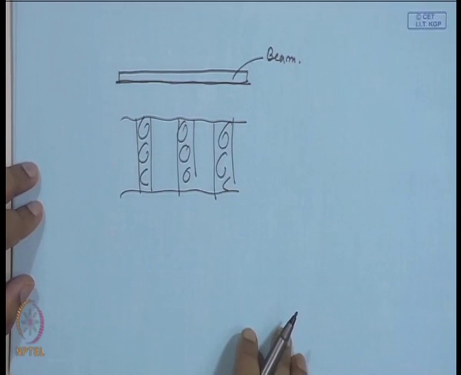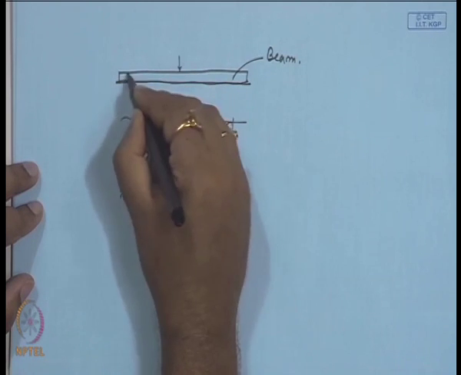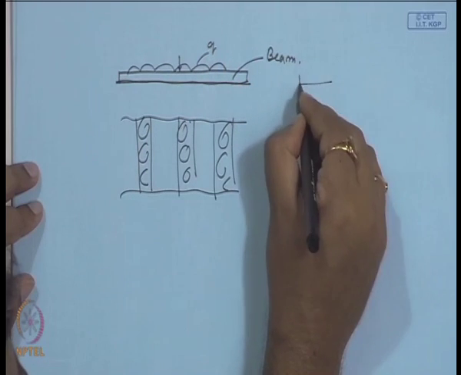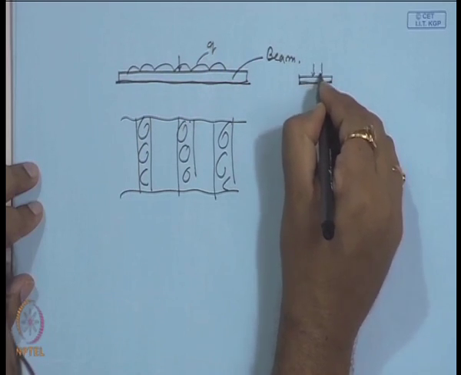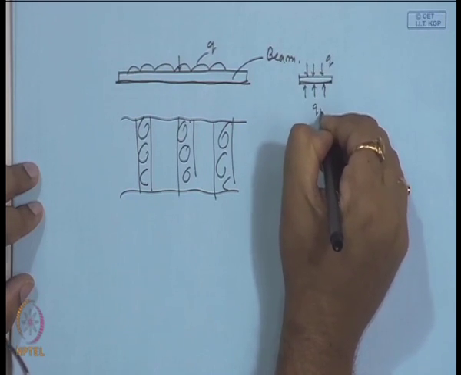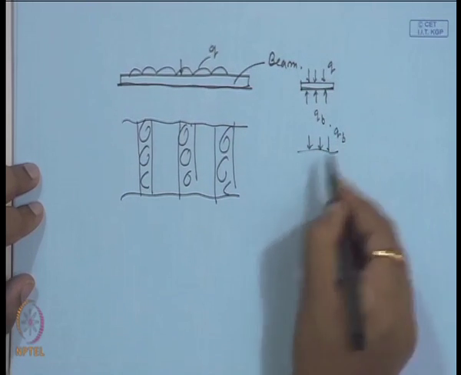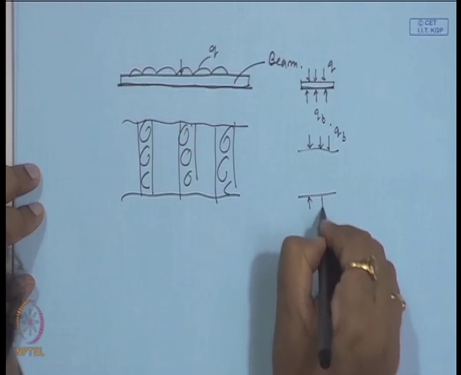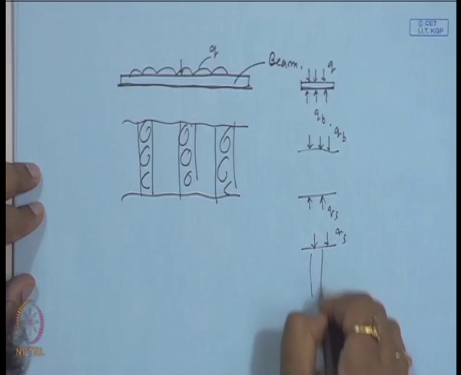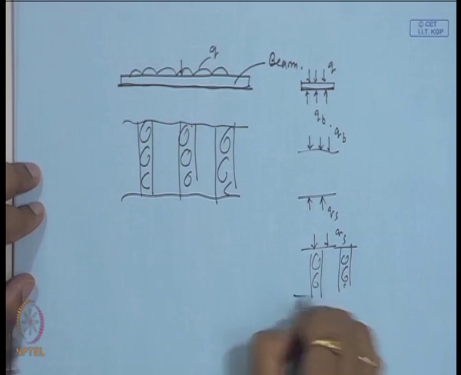That also we can solve here. If a UDL is acting here, this will be Q, and this will be say Q B. Then for the granular layer this will be Q B and this will be Q S, and for the soft soil layer this will be Q S, and this will be the stone column.